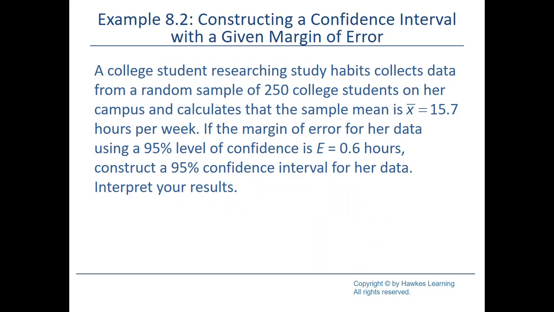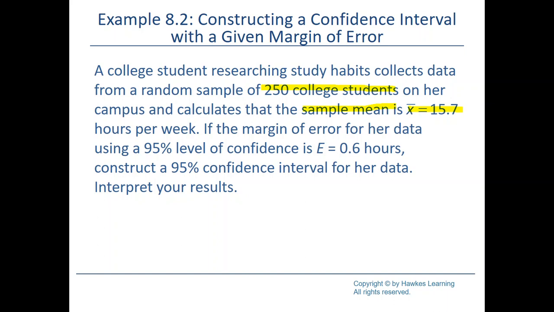So a college student researching study habits collects data from a random sample of 250 college students on her campus and calculates that the sample mean, also known as X bar, is 15.7 hours per week.